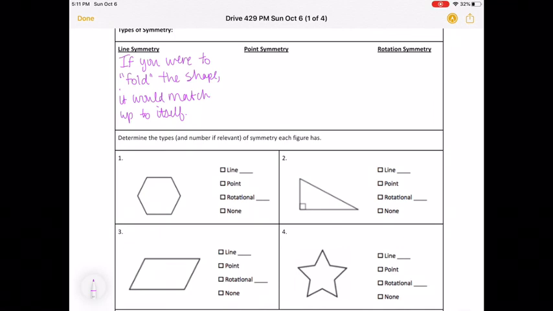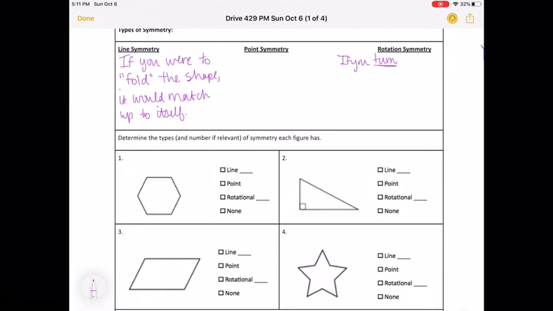So rotational is if you turn your shape less than 360 degrees, so emphasize here, rotation is a turn still, so it has to be a turn for that.